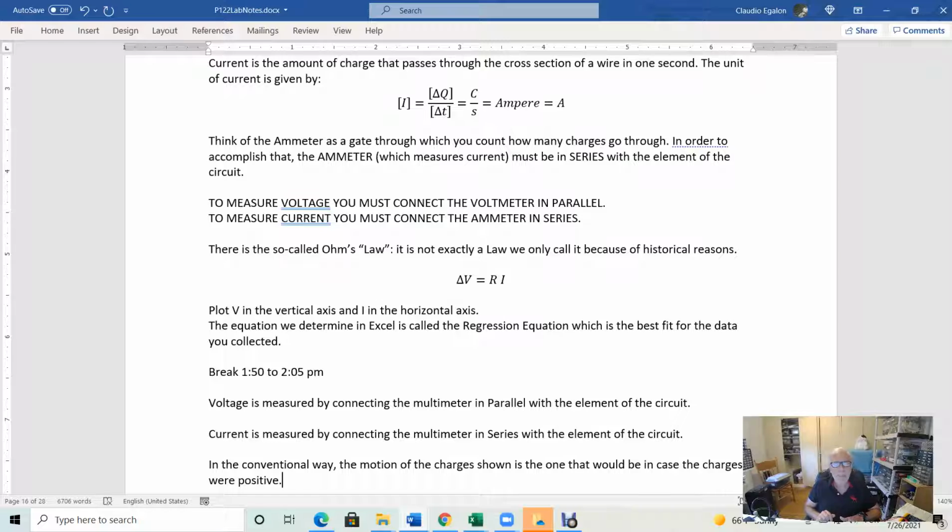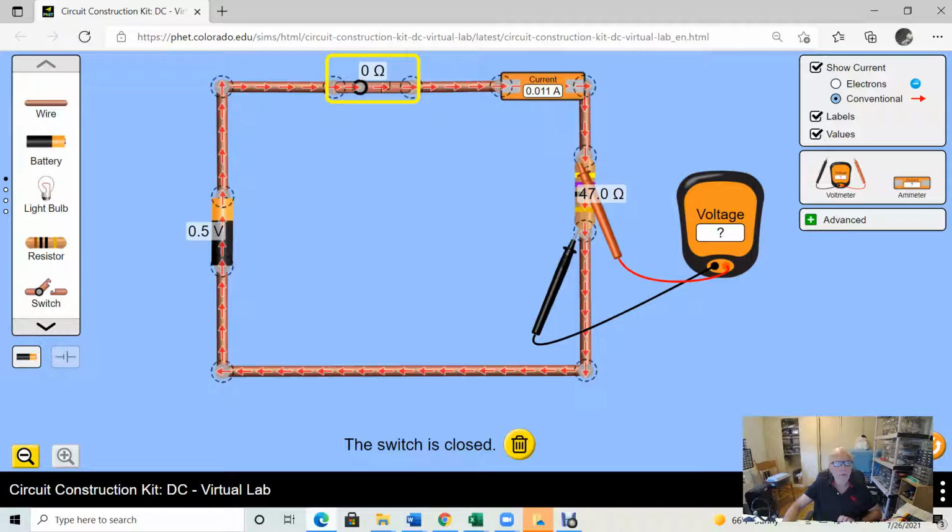Okay? In case the charges that were moving were positive. And there is a reason for that. But in reality, it's not the positive charges that move.